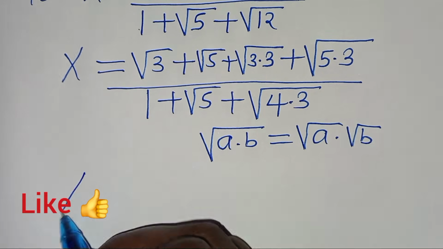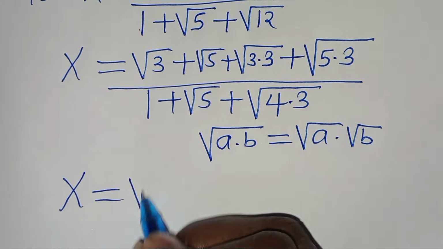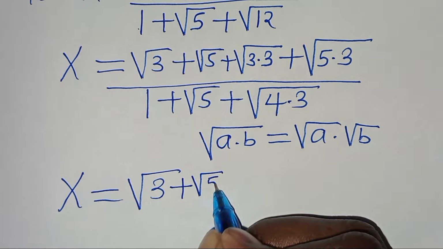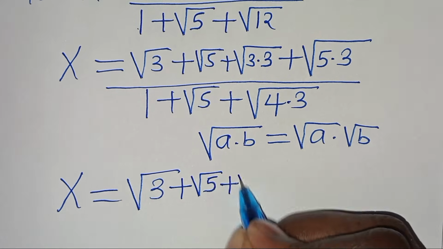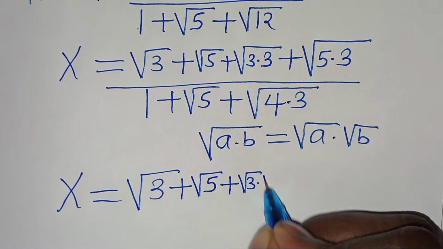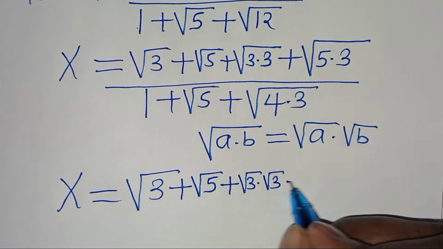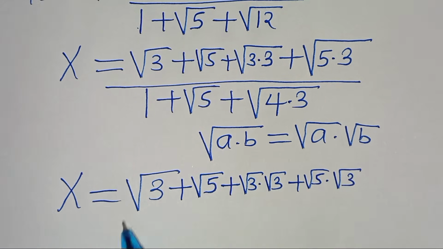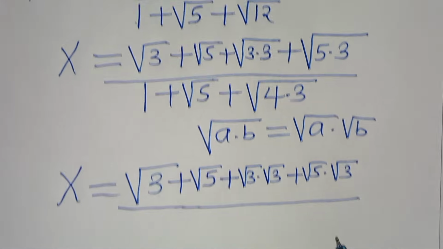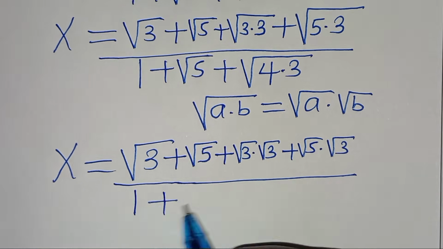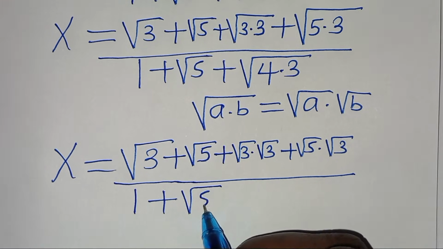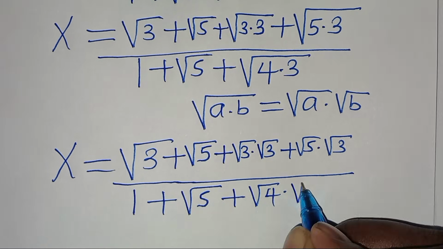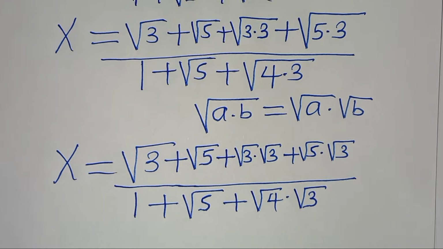So this means that x is equal to square root of 3 plus square root of 5 plus square root of 3 multiplied by square root of 3 plus square root of 5 multiplied by square root of 3, everything here, divided by 1 plus square root of 5 plus square root of 4 multiplied by square root of 3.